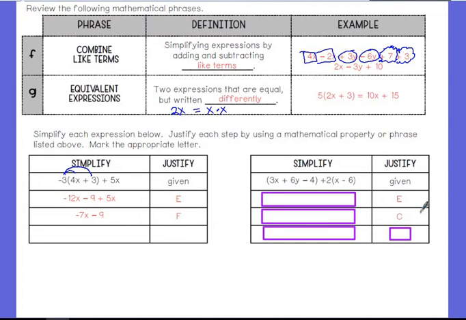Then you would have step C, which would be commutative property of addition. So I would want you to change the order. And then step F of combining like terms. Actually, go ahead and pause the video, try this problem, and I'll show you the answer when you restart.